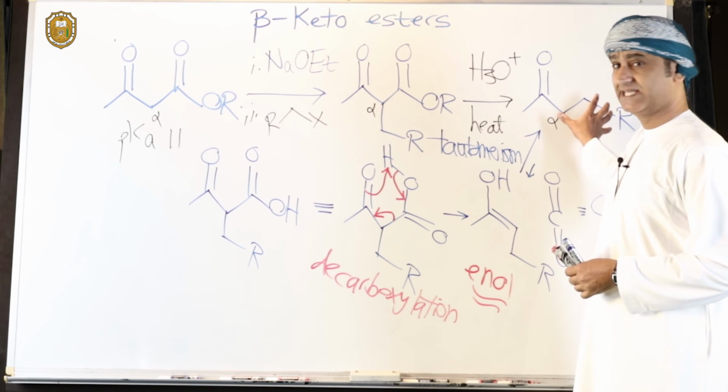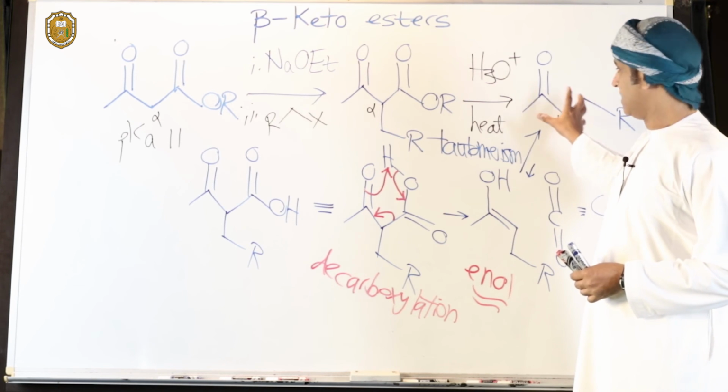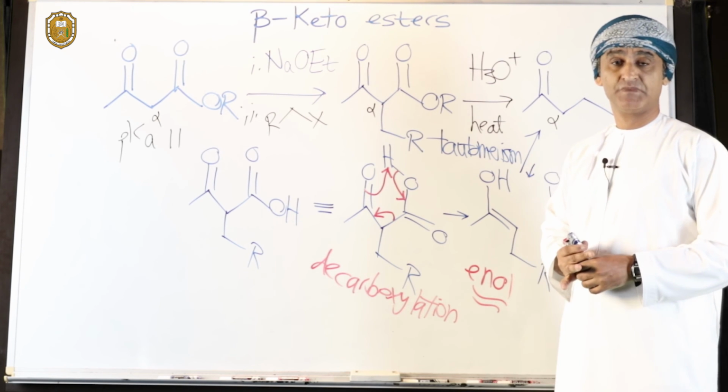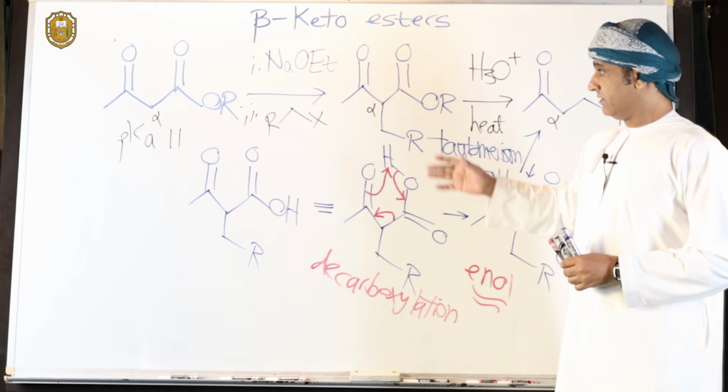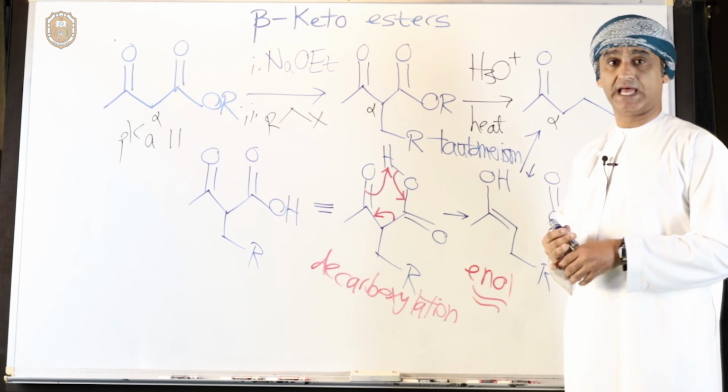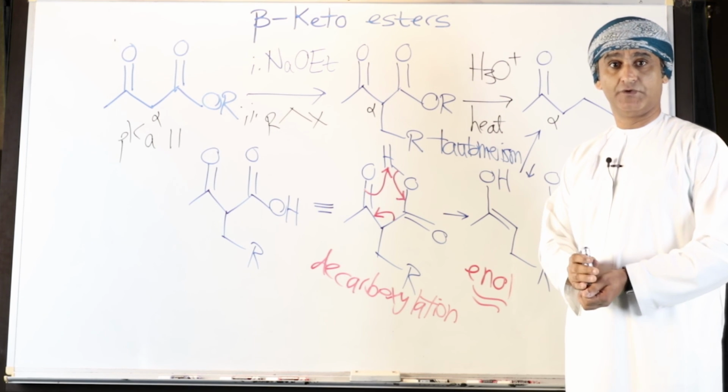The final product is a ketone which is alkylated, where the chain is elongated. So this should be a very useful reaction where the carbon chain has been elongated, and of course the ester is lost in the form of carbon dioxide.